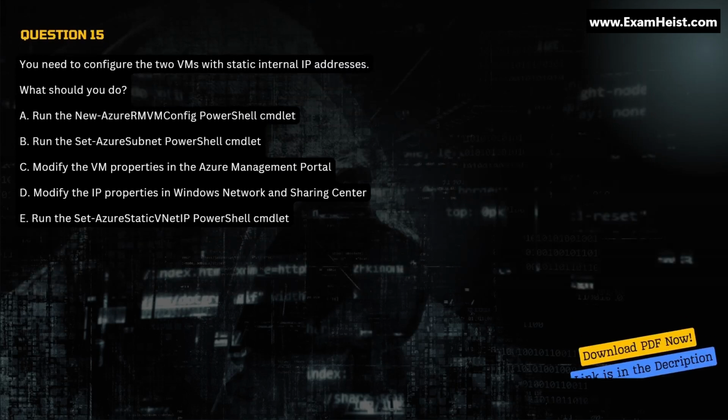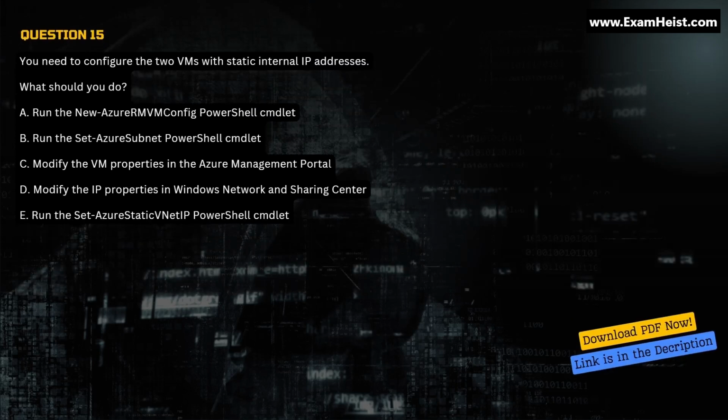Question 15. You need to configure the two VMs with static internal IP addresses. What should you do? A. Run the new Azure RMVM config PowerShell command. B. Run the set Azure subnet PowerShell command. C. Modify the VM properties in the Azure Management Portal.